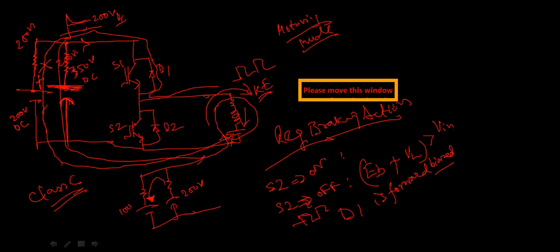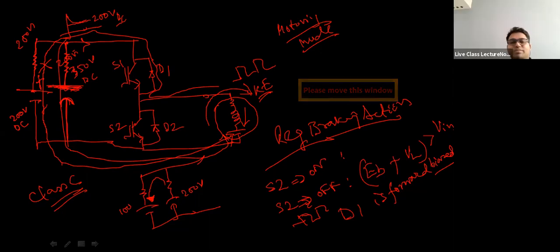Sir, simultaneous charging and discharging, does it affect the battery life? Yes, up to some extent, but not so much. The energy required to recharge the battery cannot be fully obtained by regenerative braking.